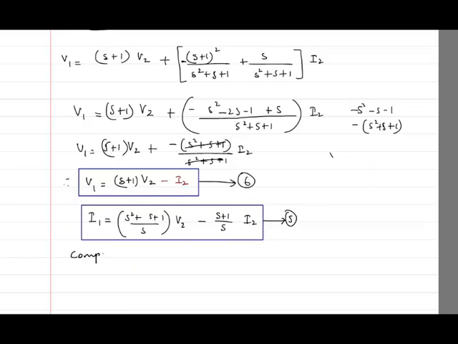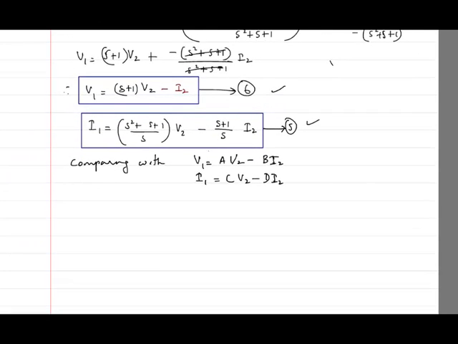Comparing this with the ABCD parametric equation, V1 is equal to A V2 minus B I2, and I1 is equal to C V2 minus D I2. Now look at equation number 6 and 5. These both equations are basically like this itself.